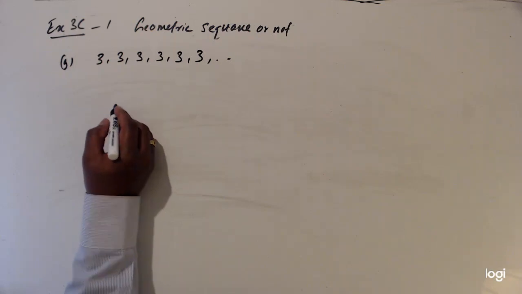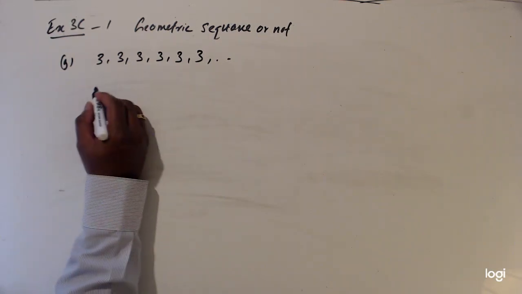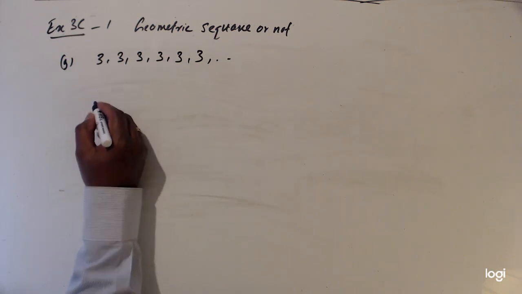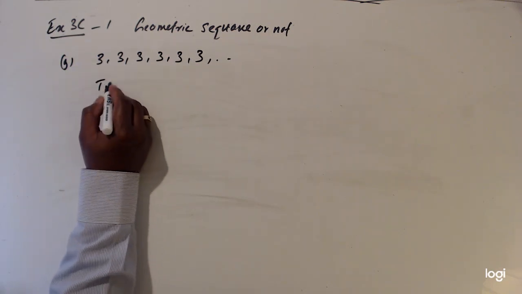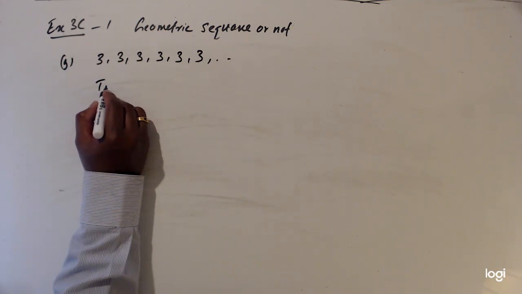Part D, again 3 divided by 3 is 1, 3 divided by 3 is 1. Very clearly, easily we can identify this is a geometric sequence.